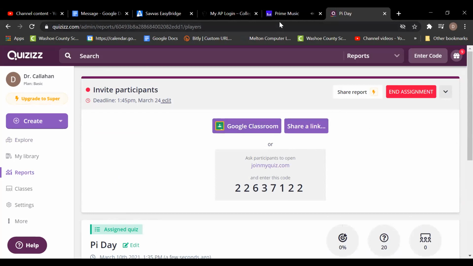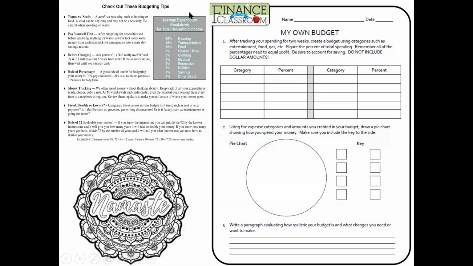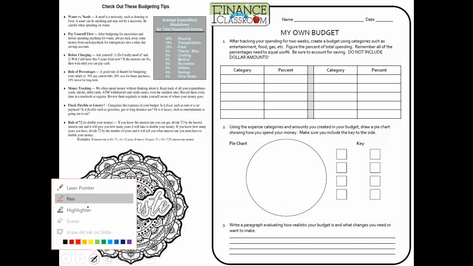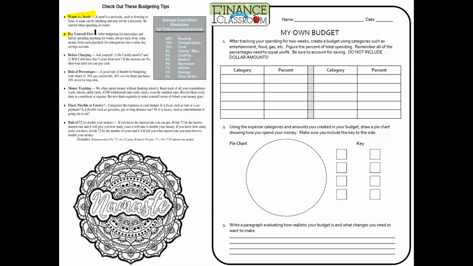Then the second thing I'll have you do is take a look at this right here. This is about your budgeting. You'll check out these budgeting tips when it comes to your needs versus your wants: pay yourself first before charging, rules of percentages, money tracking, fixed, flexible, or luxury, and the rule of 72.